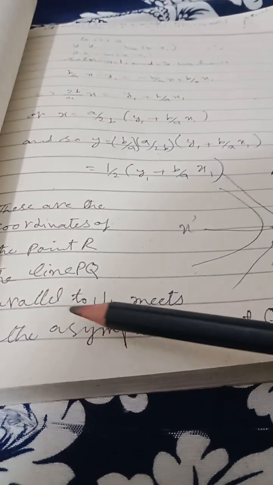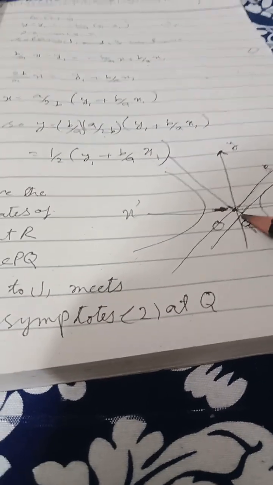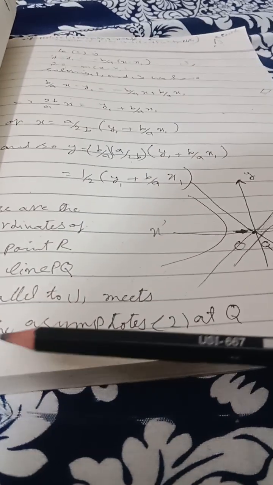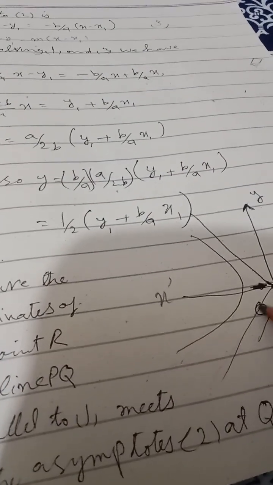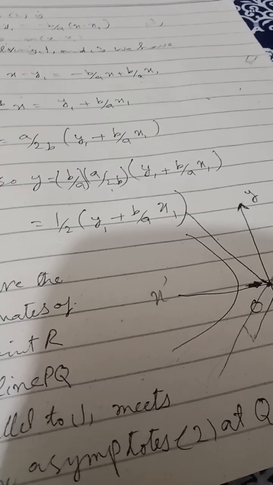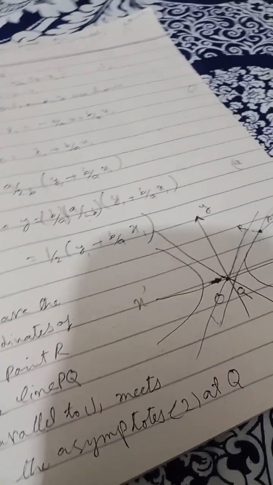The line PQ is parallel to line 1 and meets asymptote 2 at Q. We need the area of the parallelogram OQPR.